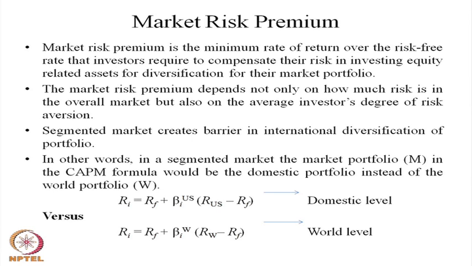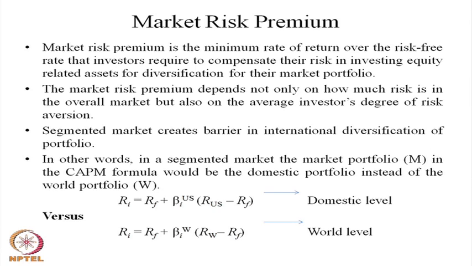If the restriction is there, then the domestic capital asset pricing model and the international capital asset pricing model will be different, because the returns in the domestic market and the international market will be different. If the restriction is not there, there will be free flow of capital from one market to another, and the law of one price prevails. At that time the domestic market itself is the international market.